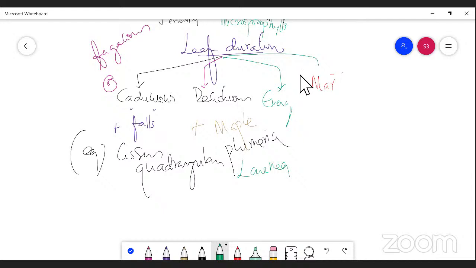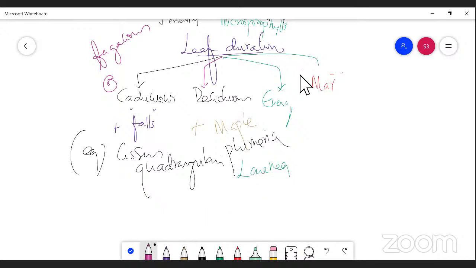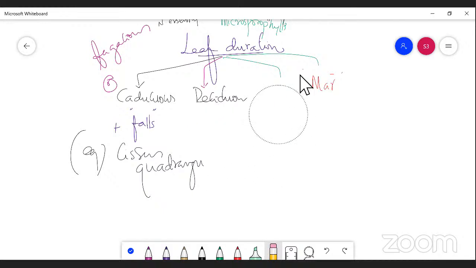In the span of life, the leaves fall down after maturity, and that is deciduous. Whereas an evergreen tree means the leaves are persistent. My dear students, evergreen means the leaves are persistent, right? Simply, the leaves are persistent.